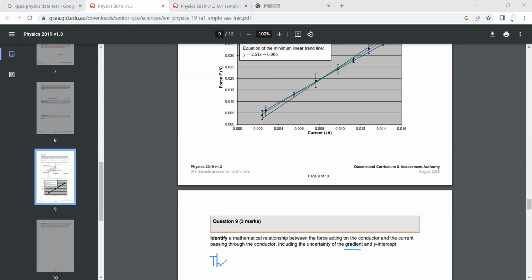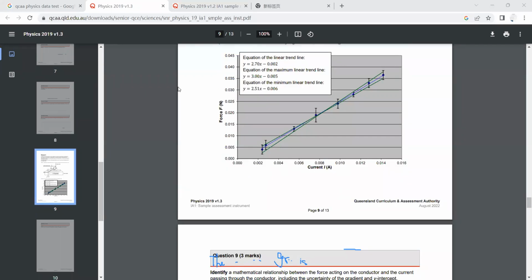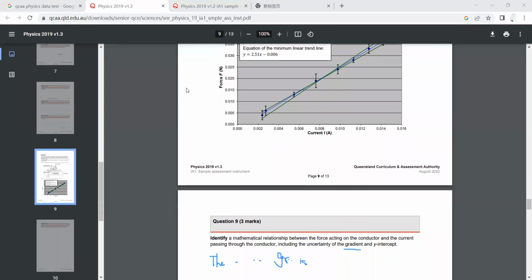The uncertainty of the gradient is 3 minus 2.51 over 2. It equals 0.25.